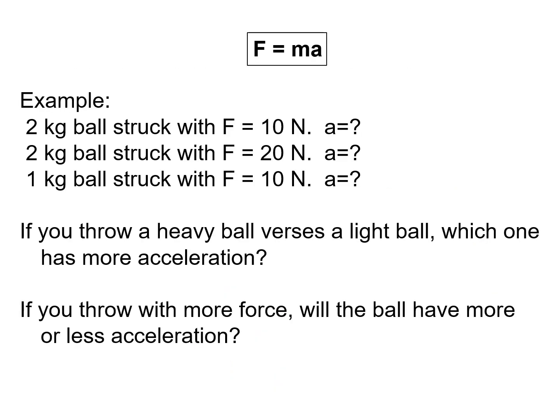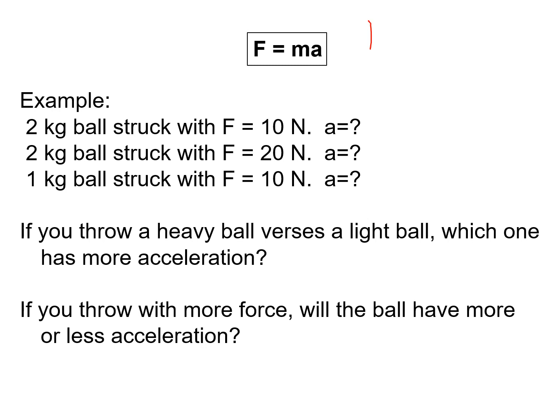So let's look at some more examples here. We have a 2-kilogram ball struck, let's say by a bat, with a force of 10 newtons. What would be the acceleration? Well, force equals mass times acceleration.